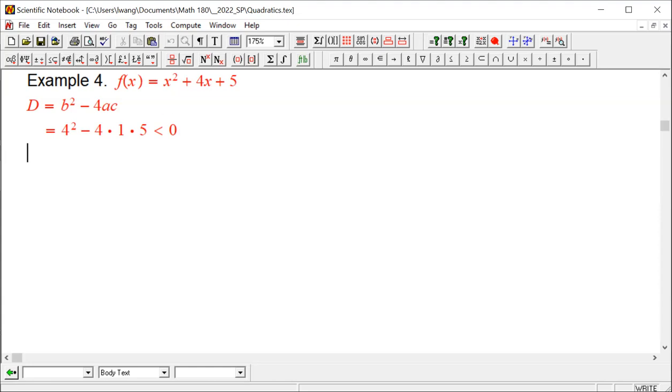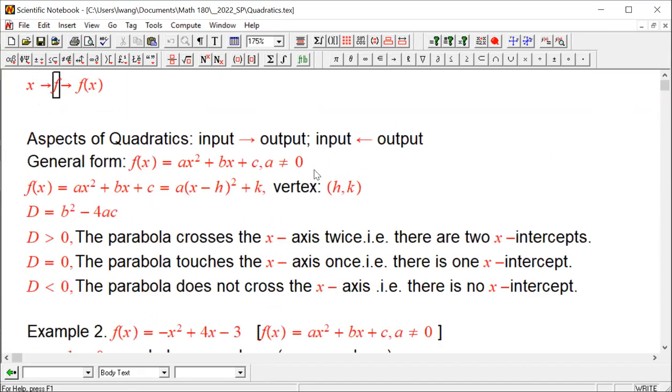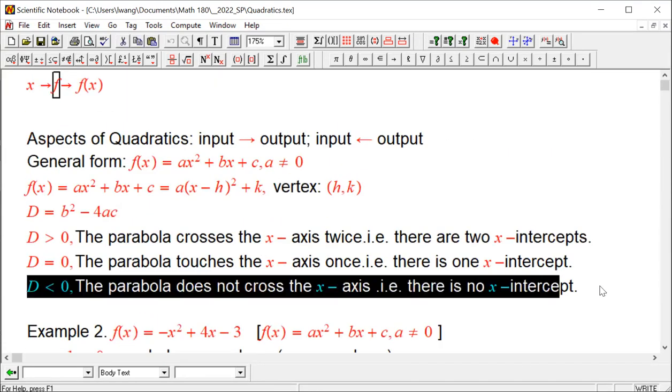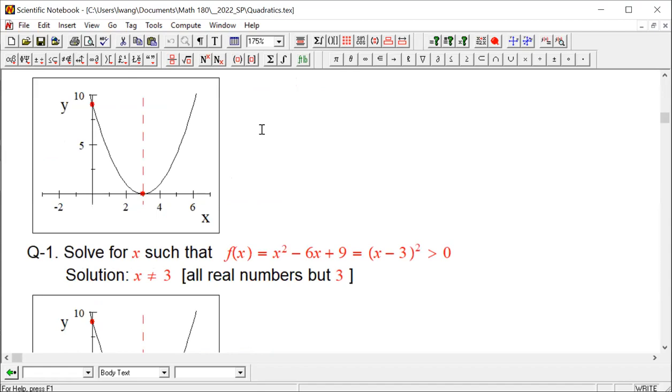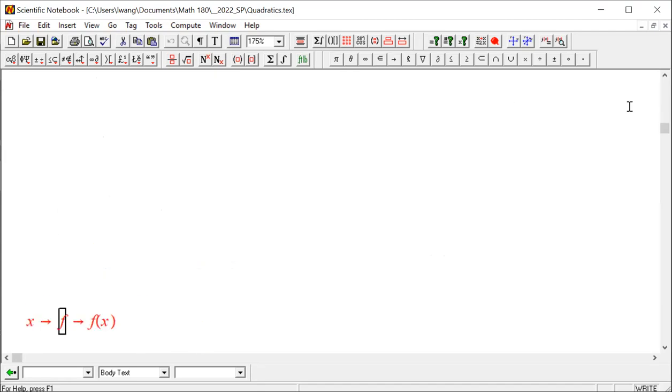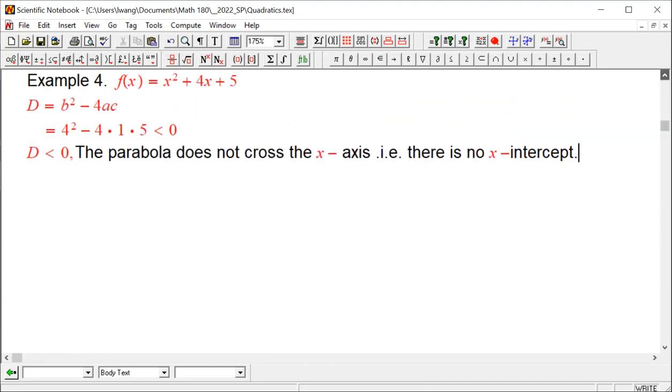No x-intercept. That case we have discussed. There are 3 cases. When d is less than 0, there's no x-intercept.